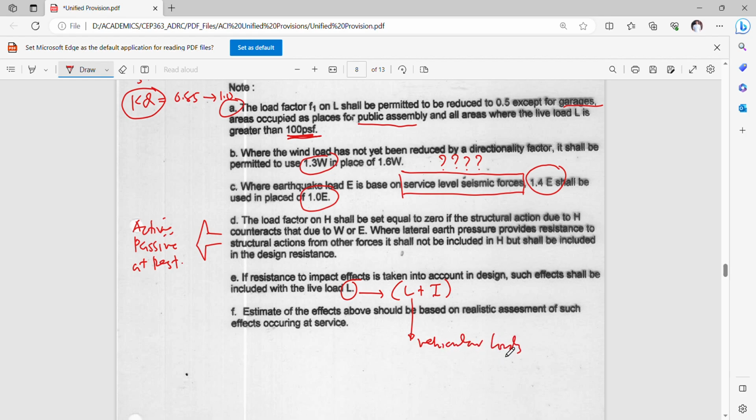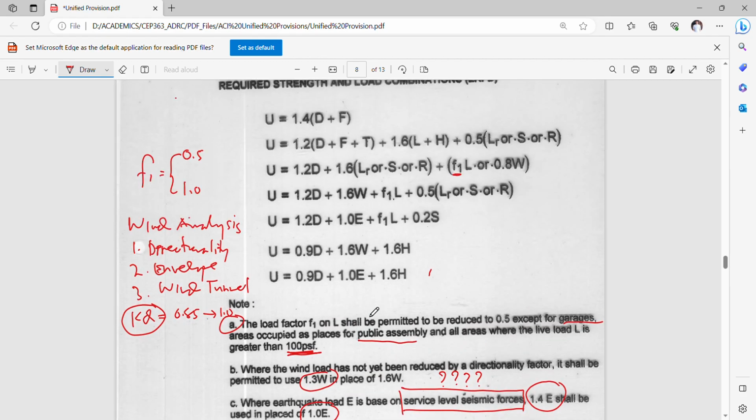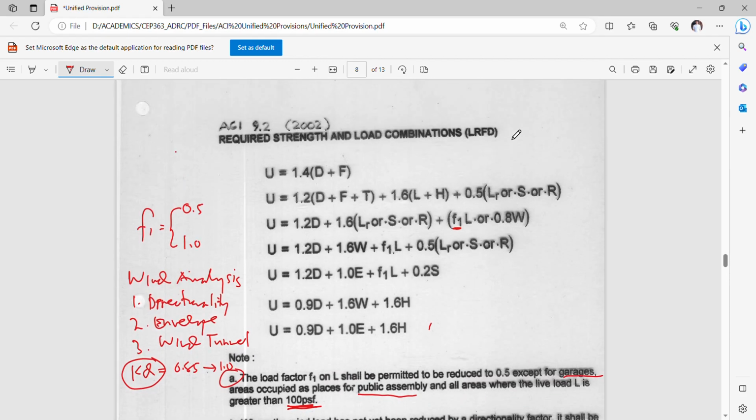And for letter F, estimate of the effects above should be based on a realistic assessment of such effects occurring at service levels. Okay, so that's basically an LRFD scenario, an LRFD on concrete design.